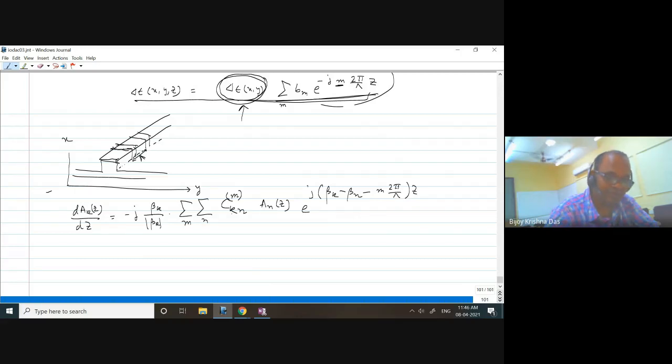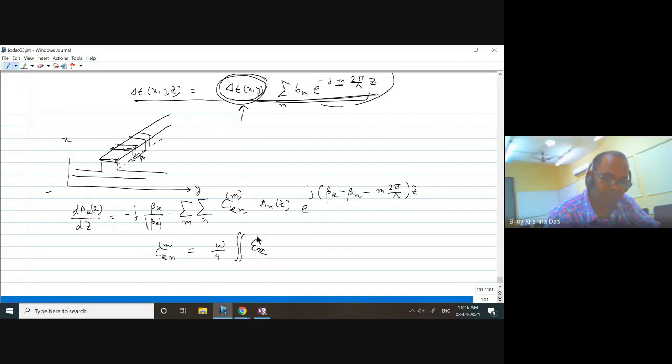And this c_kn will now be expressed something like this: c_kn will be omega by 4, and this B_m is the Fourier coefficient for the mth harmonic, so B_m will be there.